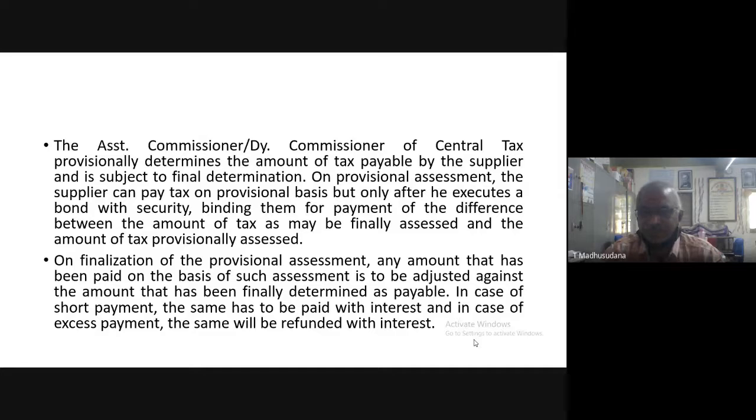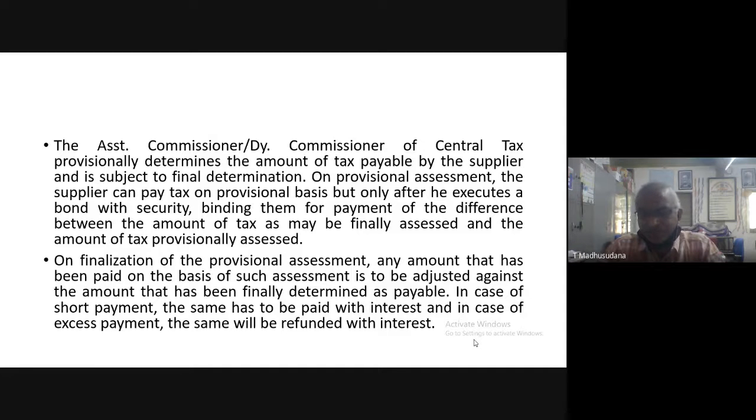Okay. So on finalization of the provisional assessment, any amount that has been paid on the basis of such assessment is to be adjusted against the amount that has been finally determined as payable. So the amount will be adjusted against the final tax liability.